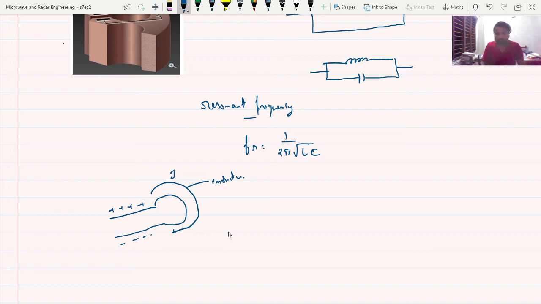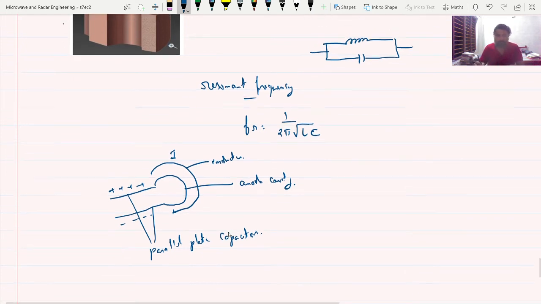This is nothing but our anode cavity. These two act as a parallel plate capacitor. Now it is clear for you.